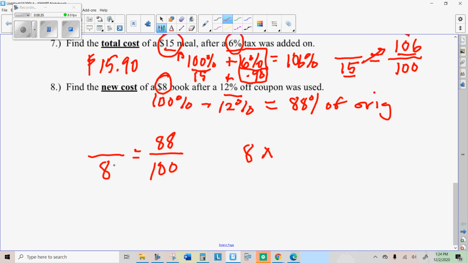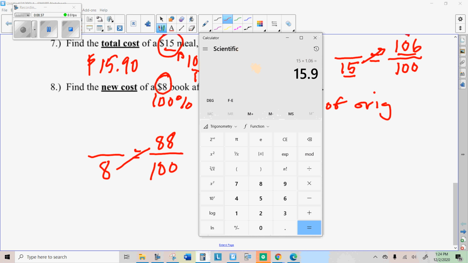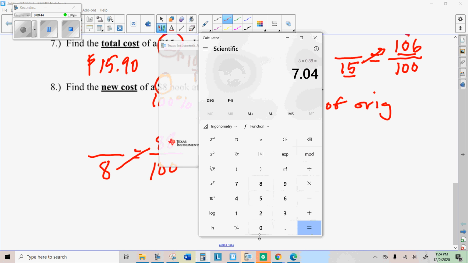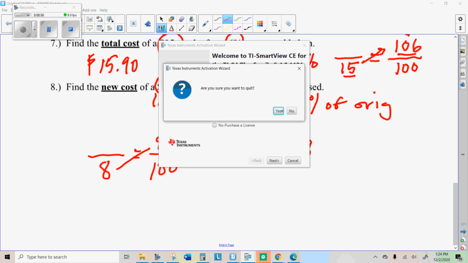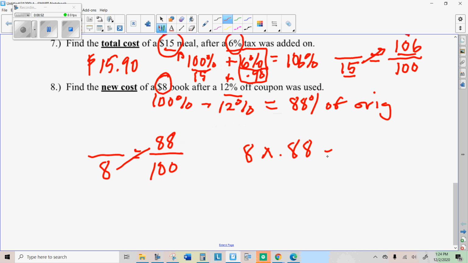You could do 8 times 88 divided by 100, or just do 8 times the decimal for 88%, which is 0.88. Eight times 0.88 equals 7.04, or $7.04.